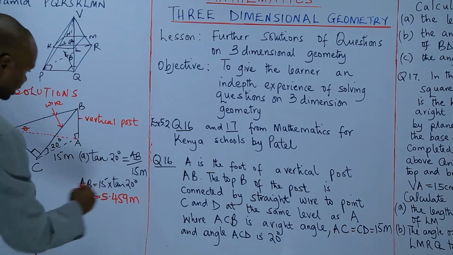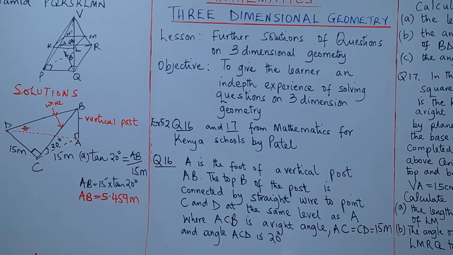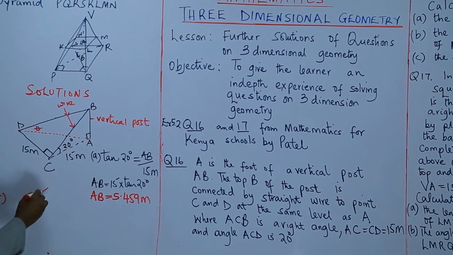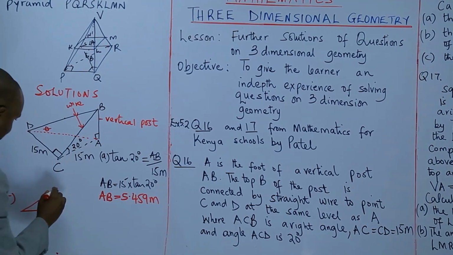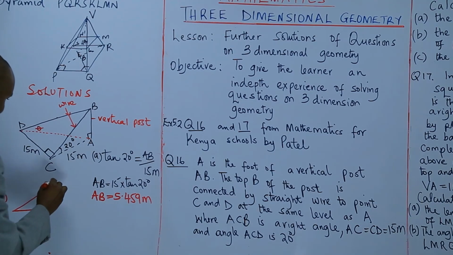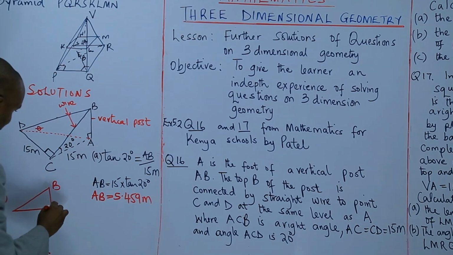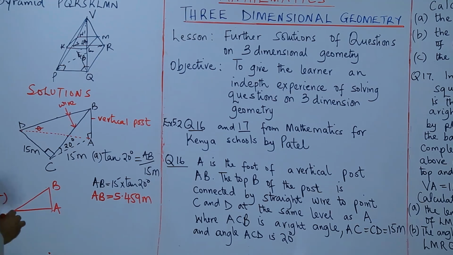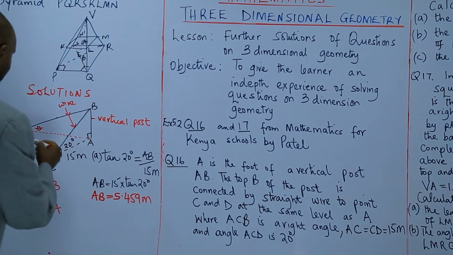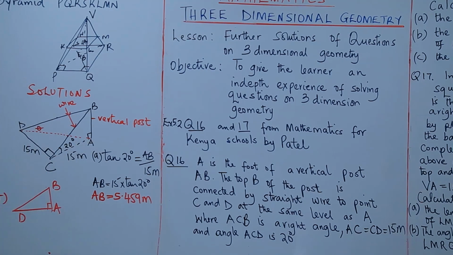I already know BA, so you come to B and extract your right angle triangle. I know I have BA. DA I don't have, but I know this is a right angle, so I'll get it from triangle CDA.